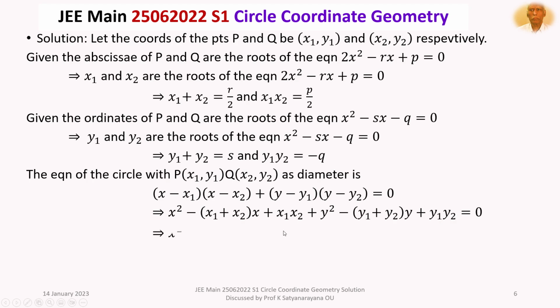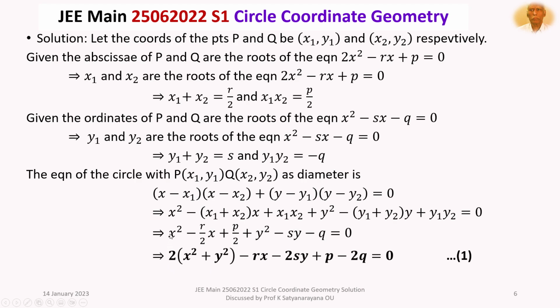So after substitution we get the equation. Now take the LCM and clear it. That will be 2 times x square plus y square, minus rx, minus 2sy, plus p, and minus 2q.